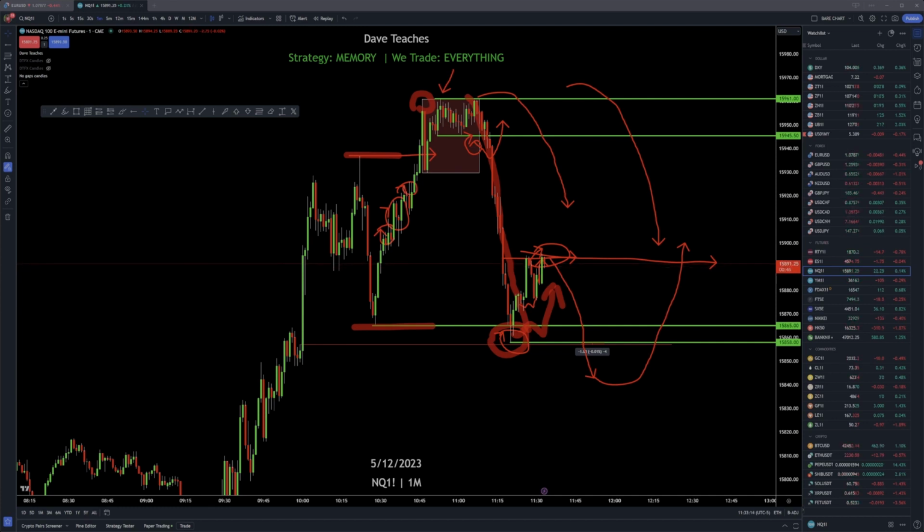Some people are always getting margin called at the top or the bottom of the move. Ain't that crazy? At the top or the bottom of the move is where people are getting margin called. So we got to change some of those things.